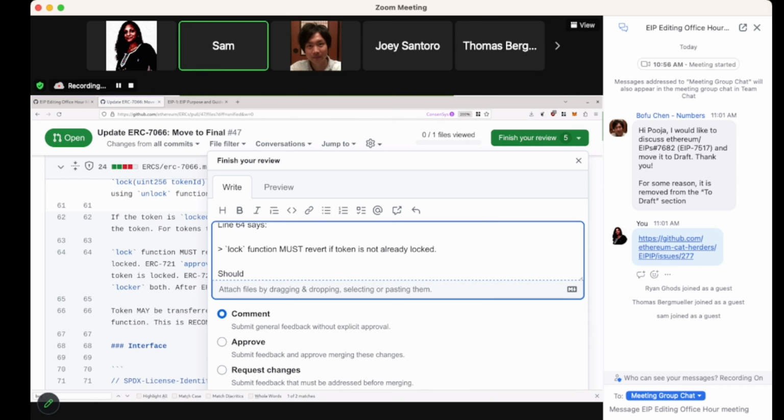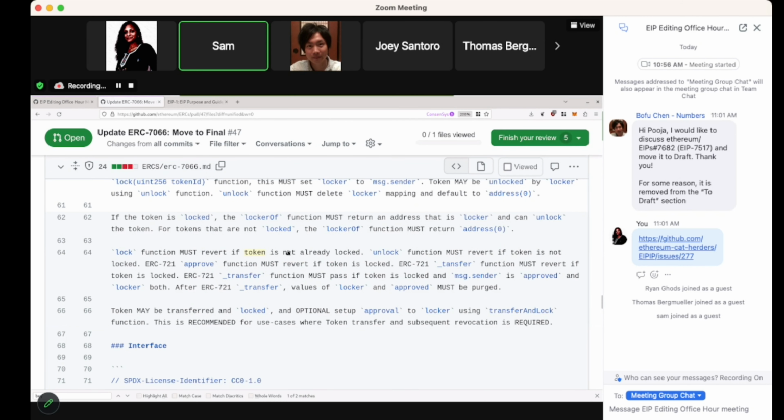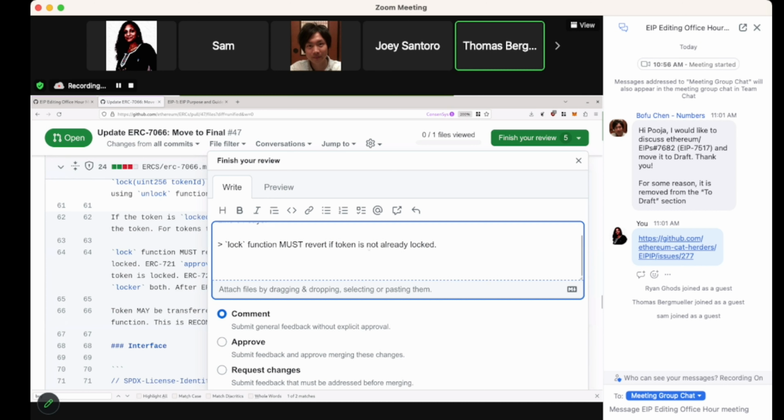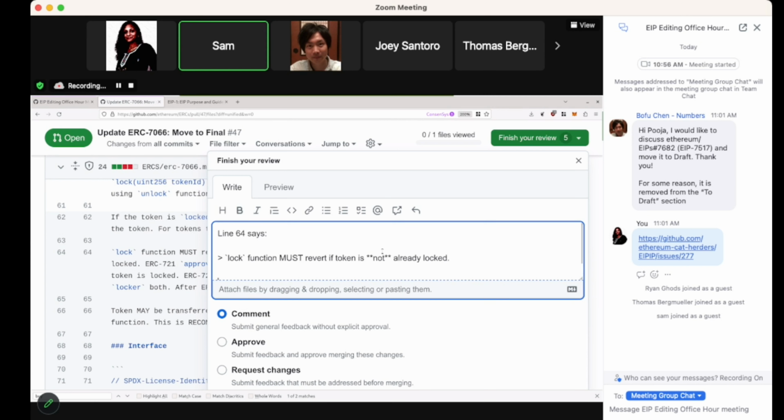But wouldn't this mean that an unlocked token can never be locked? I think it says the lock must revert if it's already locked, so it means I cannot lock it twice. But it says lock function must revert if token is not already locked. Yeah, I think that's a typo. Yeah, I completely ignored the not. Sorry. No worries. I just don't want to incorrectly comment on this person's thing.